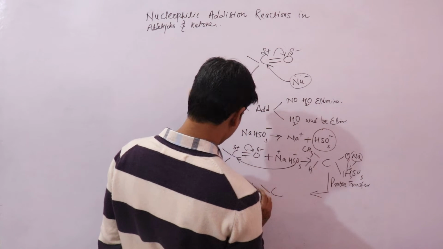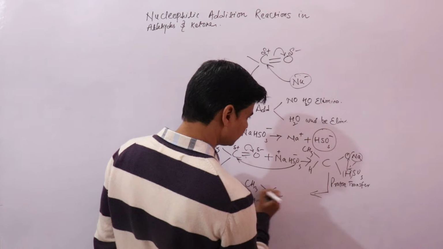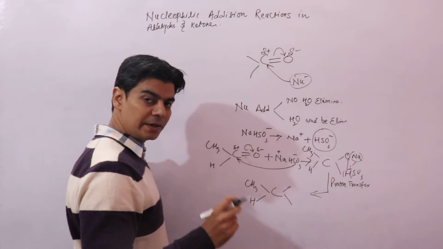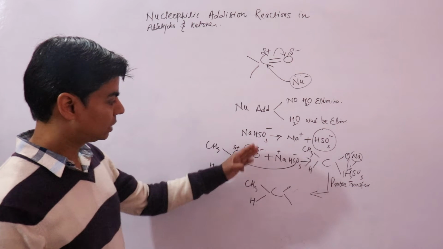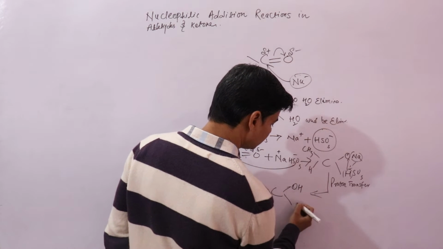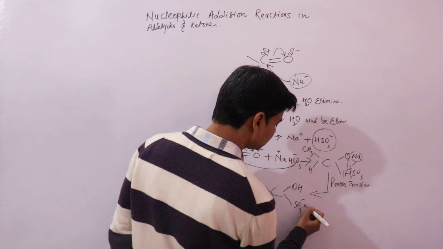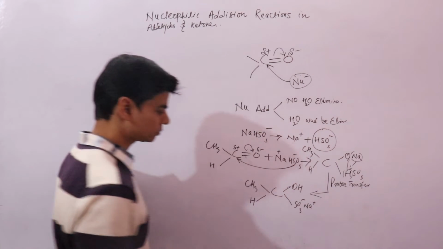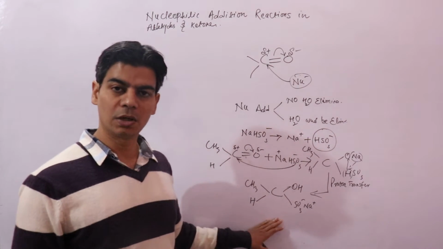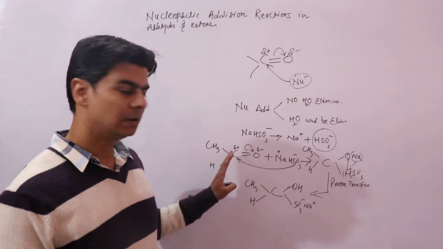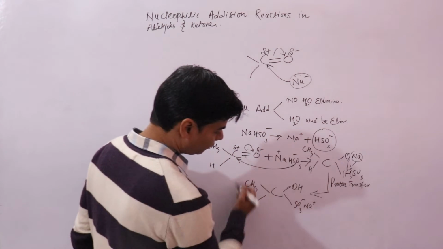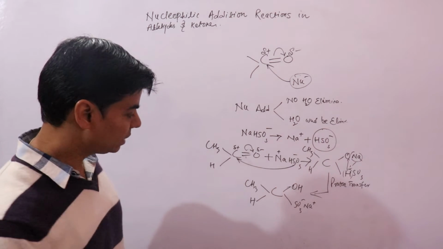Now the final addition product as a result of this nucleophilic reaction would be your OH and your SO3 minus Na plus. This is your final addition product, which we call acetaldehyde bisulfite compound, right?